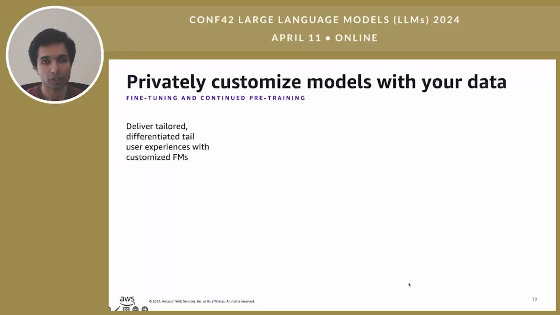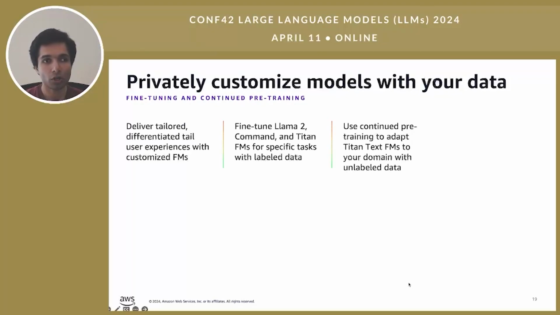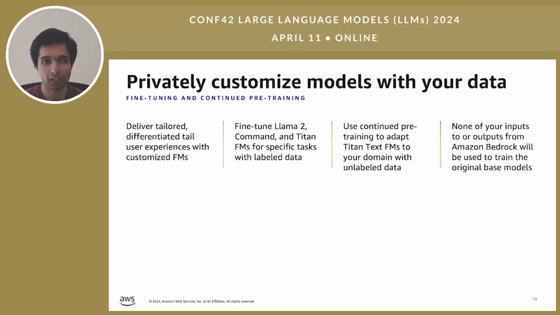So how does that work? Essentially, you're making use of one of the foundation models, be it a Llama 2 model or a Titan model, for these specific tasks. You are keeping all of your specific labeled data sets in Amazon S3, and then you are using that data set in order to make your model better and get tailored responses.